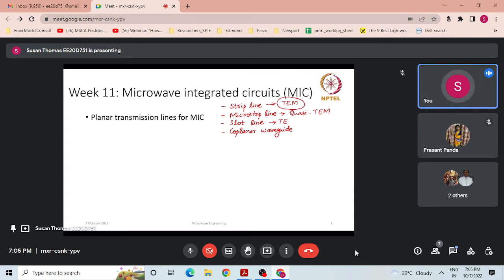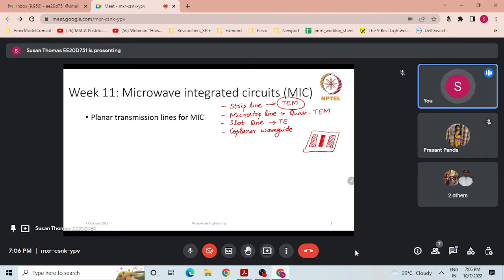Coplanar waveguide, if you remember, is one of the very important structures wherein on the same plane you have the center conductor and the ground planes. So on the same plane itself you have the ground plane as well as the conductor.